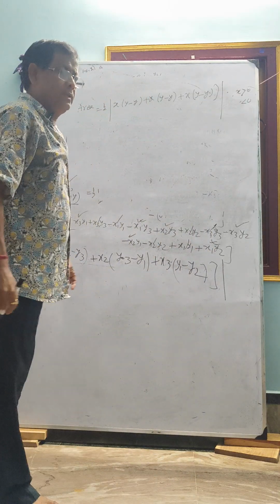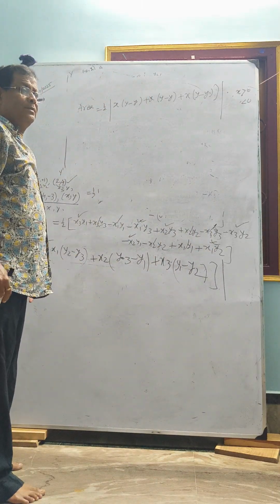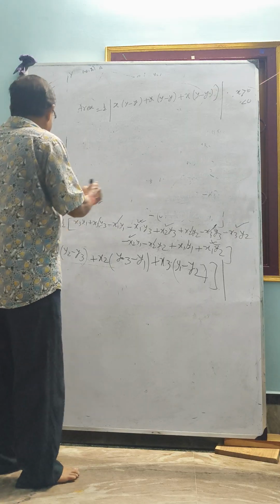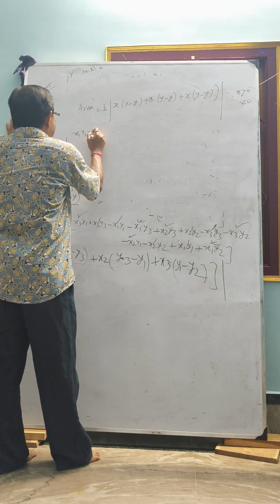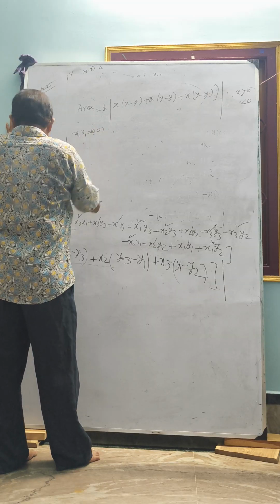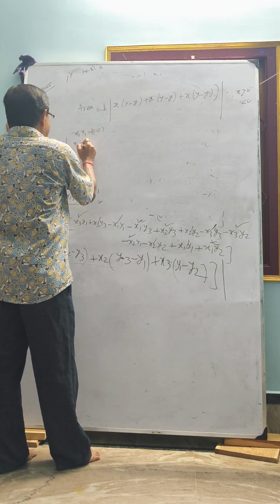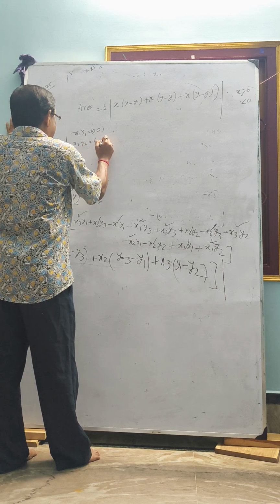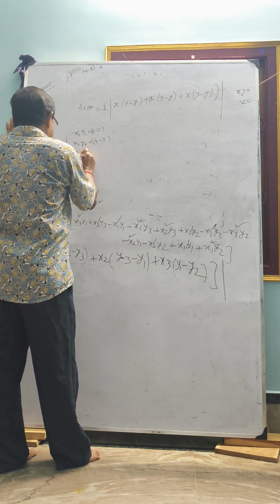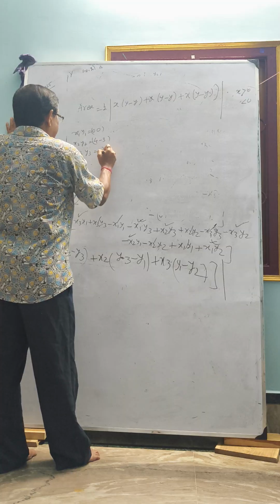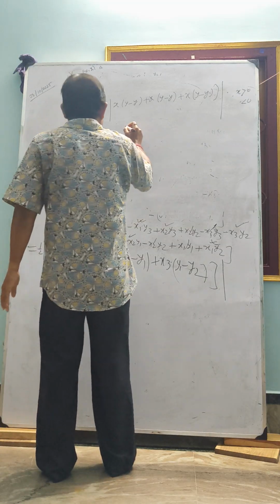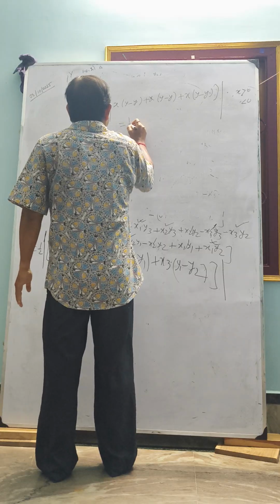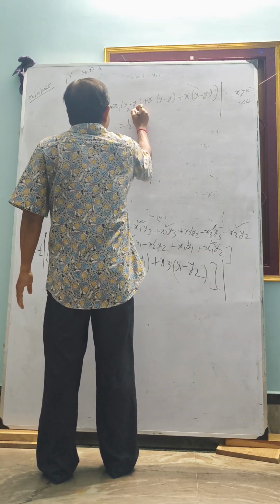Now the points: we consider x1 y1 is equal to (0, 0), x2 y2 is equal to (4, -3), next x3 y3 is equal to (x, y).